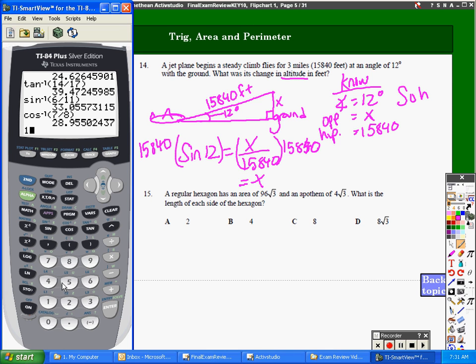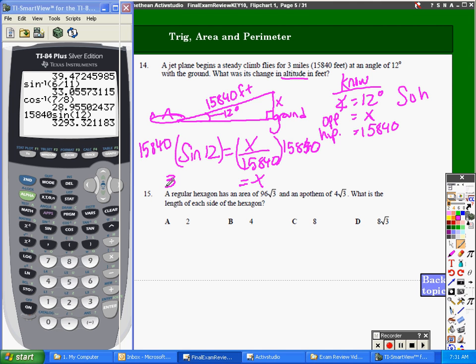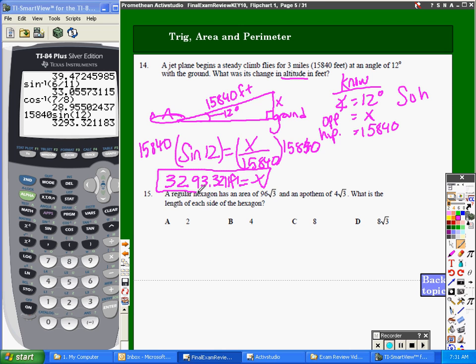So we've got 15,840 times the sine of 12, close parentheses, hit enter. That gives us 3,293.3211 feet. Be sure to put those units as they are in the word problem.